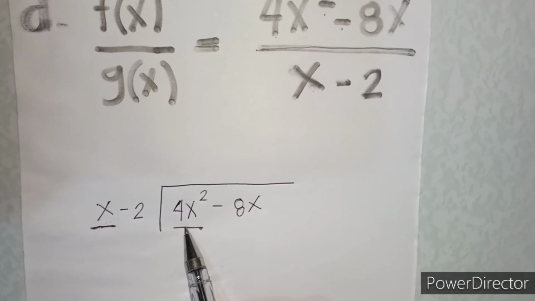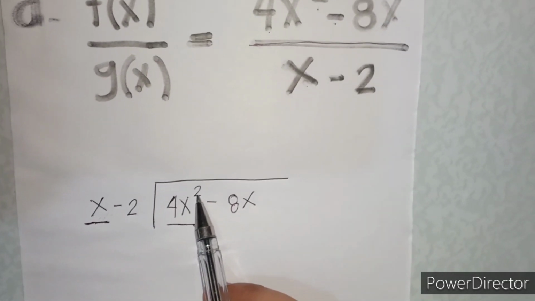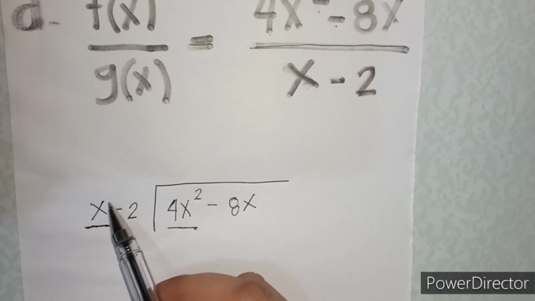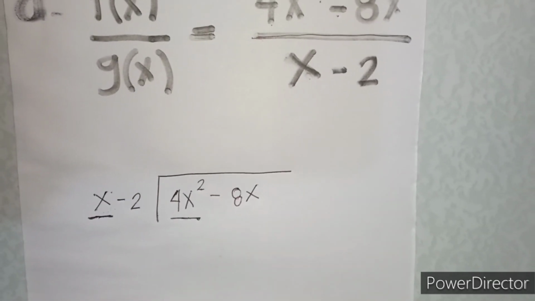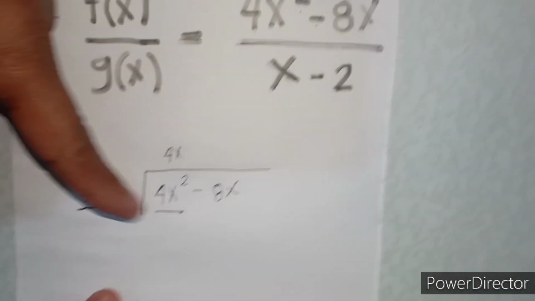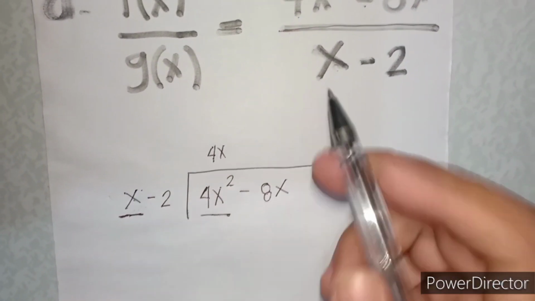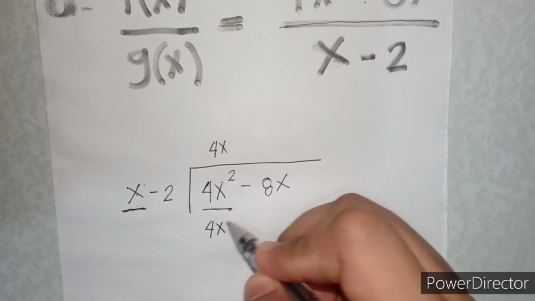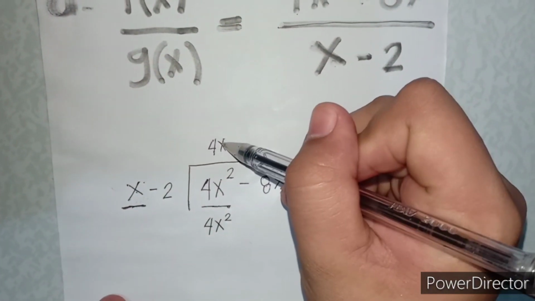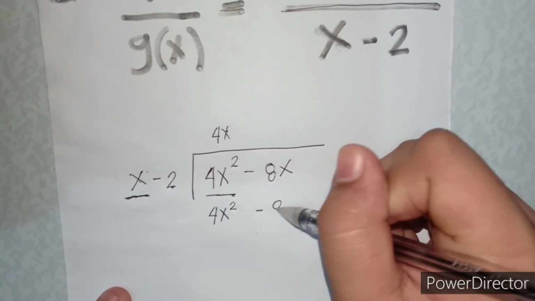Ang idea nito is to subtract ang exponent. Kapag sinubtract mo yung exponent, meron siyang 2 minus 1, ilan makukuha? 1. So, x to the 1, just copy. Then, divide their numbers. 4x. Next, 4x times x, we have 4x squared. Next, 4x times negative 2 is negative 8x.